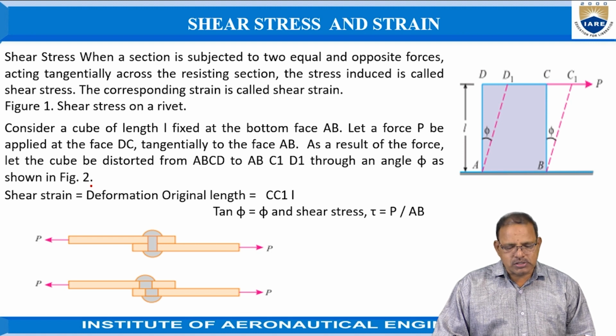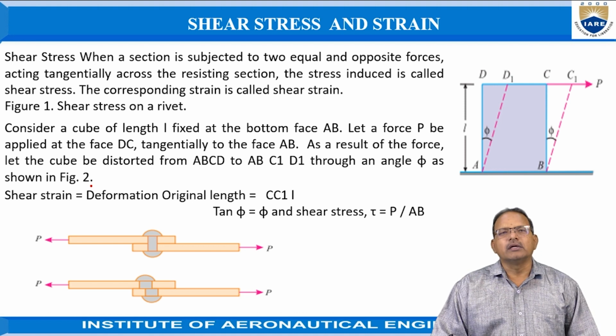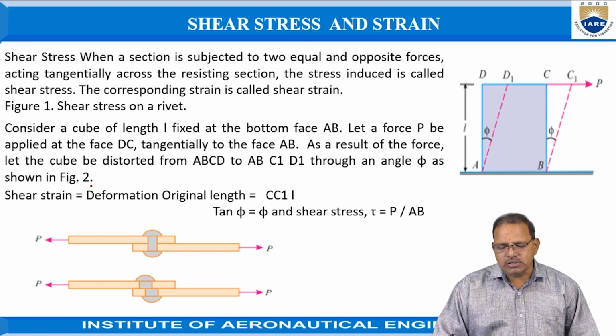Shear stress and shear strain. When a section is subjected to two equal and opposite forces acting tangentially across the resisting section, the stress induced in it is called shear stress.